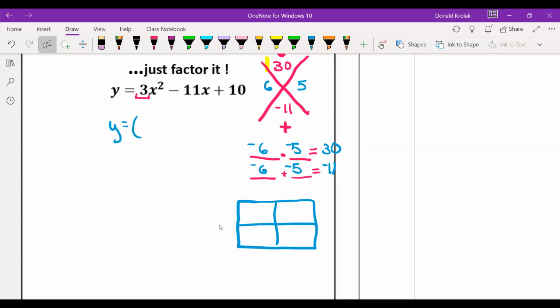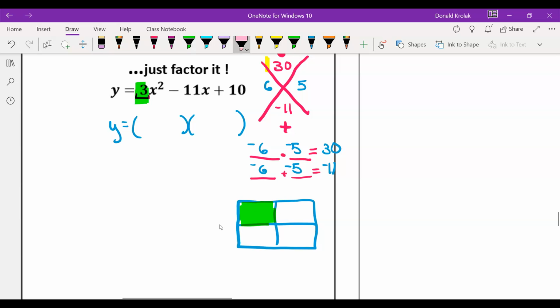Now, if that 3 wasn't there, I could just slap the -6 in and the -5 and be done. All right, so I'm going to color code with a highlighter where these things go. So the 3, that goes in the upper left.